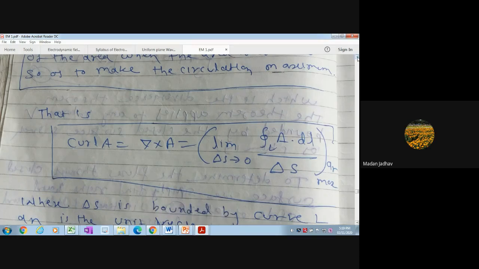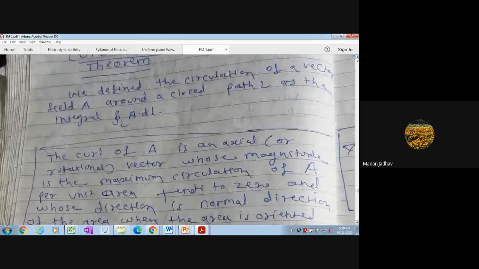Now when you take the curl of the electric field intensity, curl E, it is the same as the negative rate of change of the magnetic flux density with respect to time.